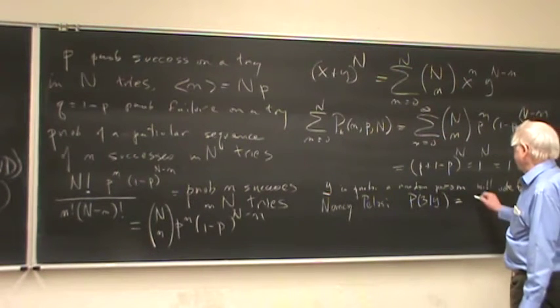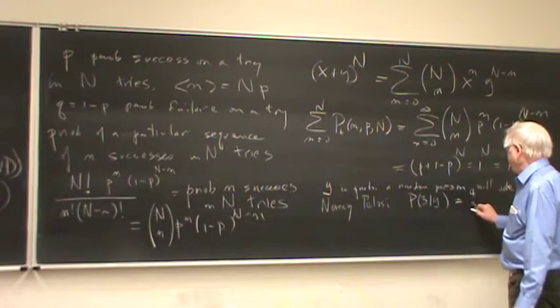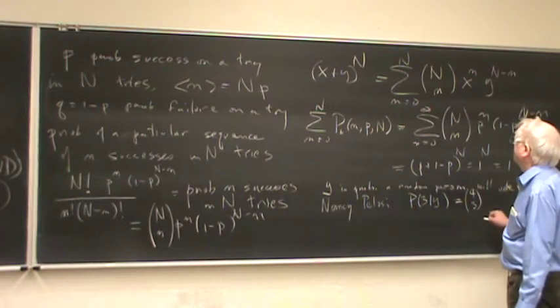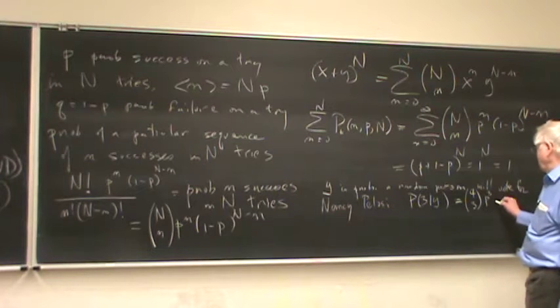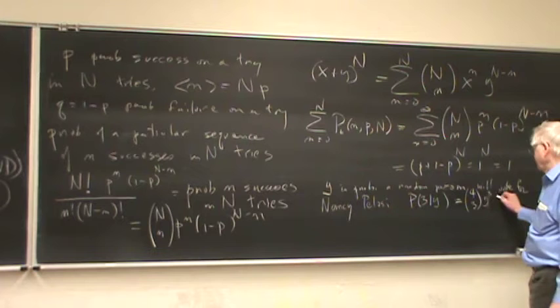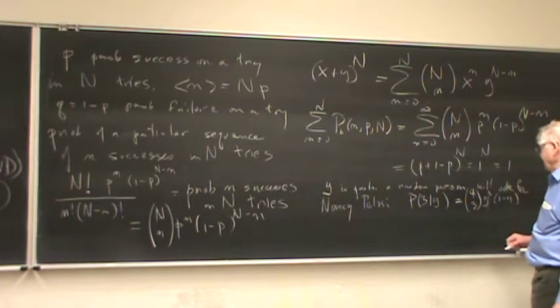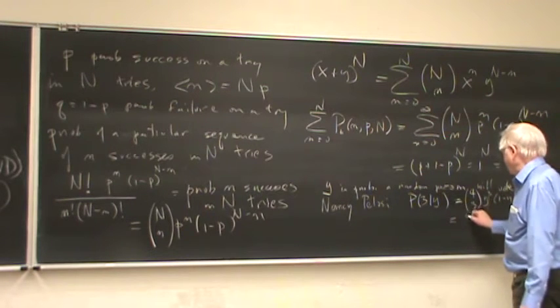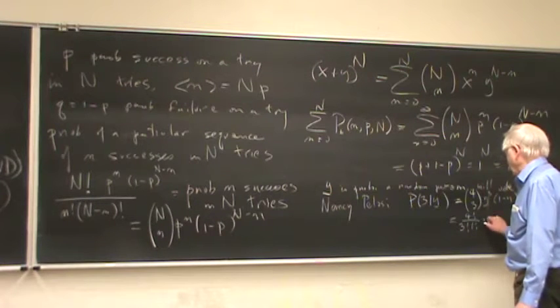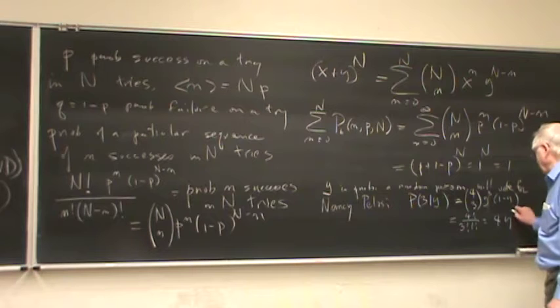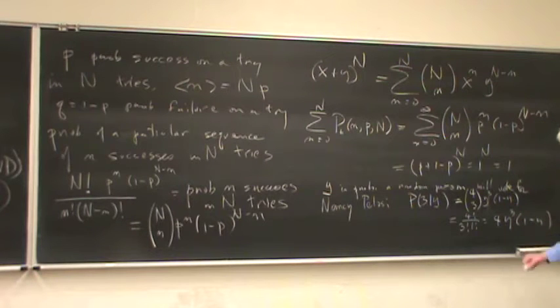Well, that is going to be 4 choose 3, y cubed, 1 minus y, and that is 4 factorial over 3 factorial, 1 factorial, and so that's 4 times y cubed times 1 minus y. All right. We're just warming up here.